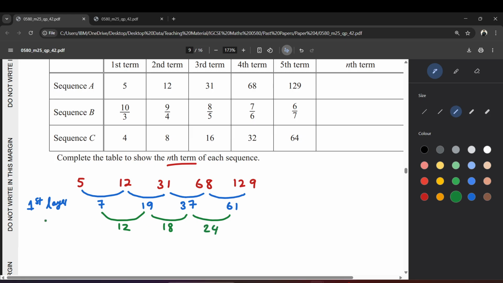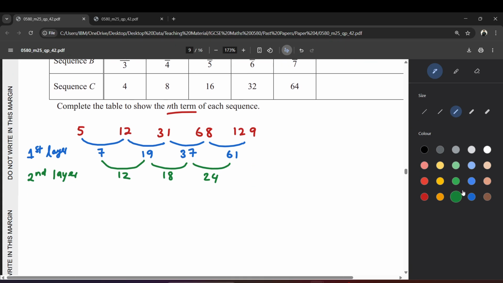You can see that in the second layer, if the difference had been the same each time, I would have concluded that this is a quadratic sequence. But since that is not the case, I'm going to move to the third layer.